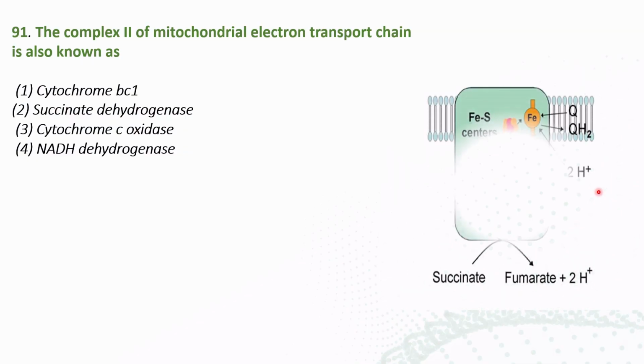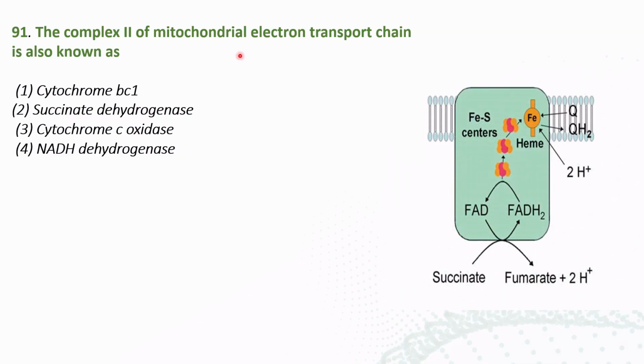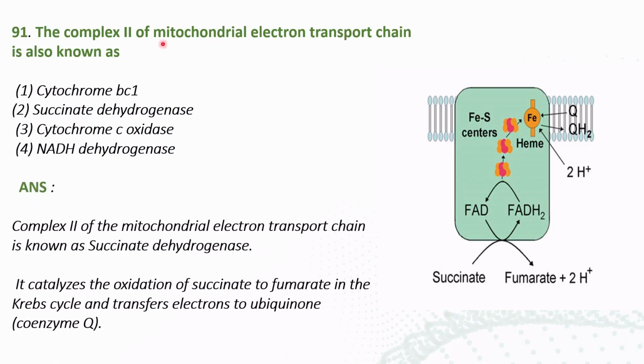Normally we know that there are four complexes in the mitochondrial ETC, and they are asking about the second one. What is the role of complex 2? In complex 2, succinate is converted into fumarate with the help of FAD.